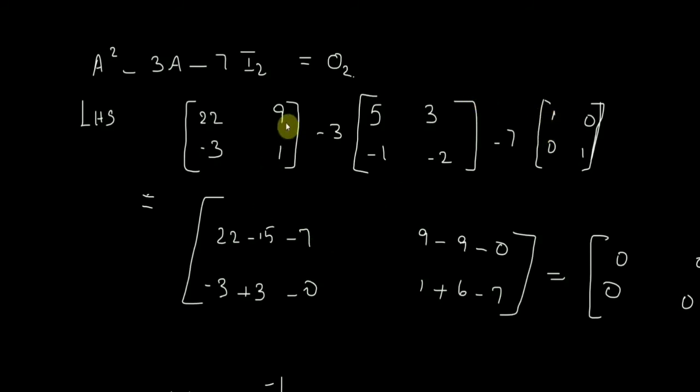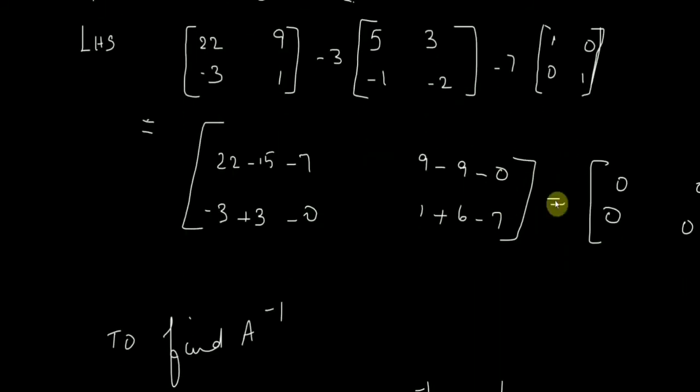Okay. Similarly, take the corresponding elements. This is the second element, 9 minus 9 minus 0. And this is minus 3, minus into minus plus 3, and here 0. Similarly here 1, minus 3 into minus 2 plus 6 and minus 7. So this is 22 minus 15 minus 7, 0.